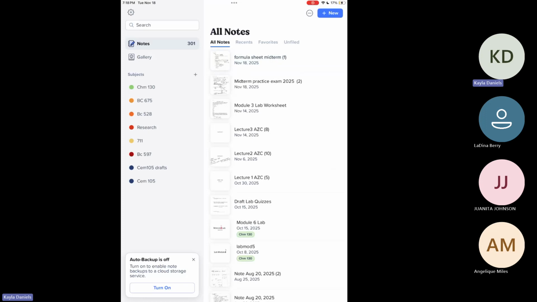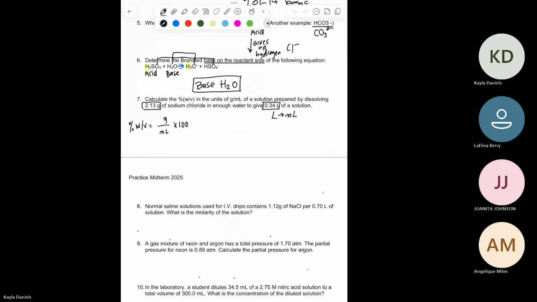We haven't done a whole lot of practice, if any, but I'm showing you now. There are 1,000 milliliters for every 1 liter. So I'm going to take this 0.34 and multiply it by 1,000. That gets me 340 milliliters.